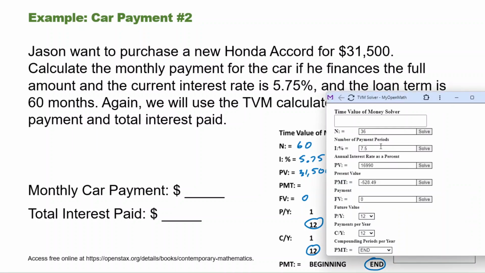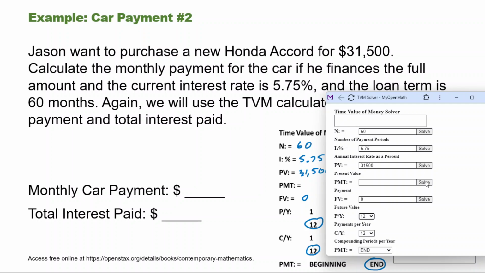So if we pull up the TVM solver, we'll enter these values. Capital N is 60, I is 5.75, PV is 31,500, payment is unknown, PMT, which is payment, FV is 0, P/Y, C/Y are 12, and payment is at the end.